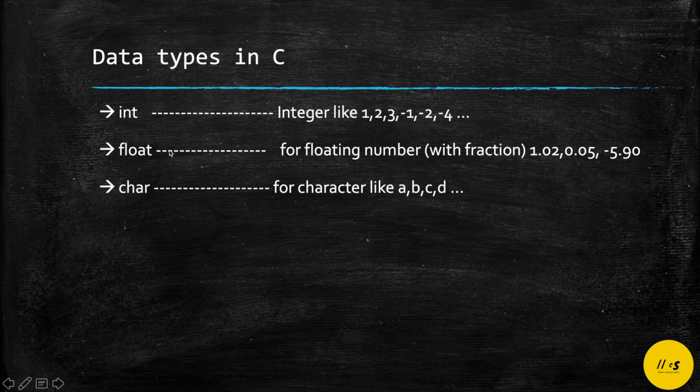For decimal numbers we have floating numbers, which is denoted by float. A number like 1.02, 0.05, -5, again positive and negative both. And the last one, which we are going to use very dominantly in this programming, is character. Characters like ABCD can be stored with the help of this char keyword.